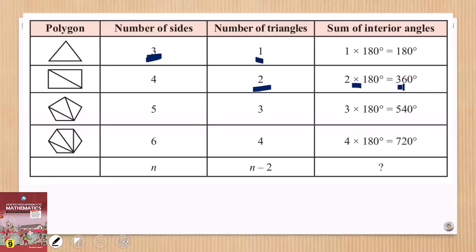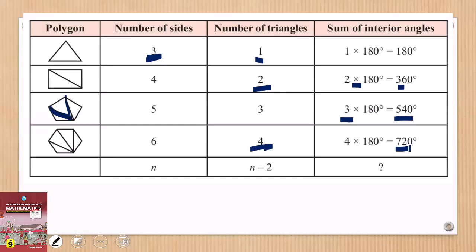If we pick a pentagon, we can create 3 triangles, so 3 times 180 gives us 540. When it is a 6-sided figure, we get 4 triangles, and so we get 720.